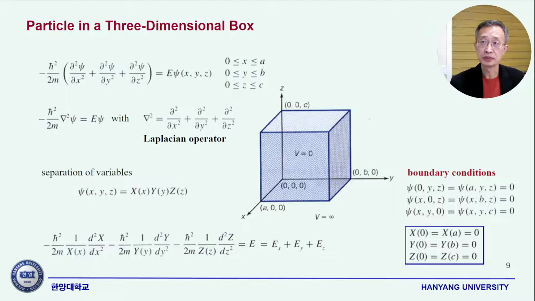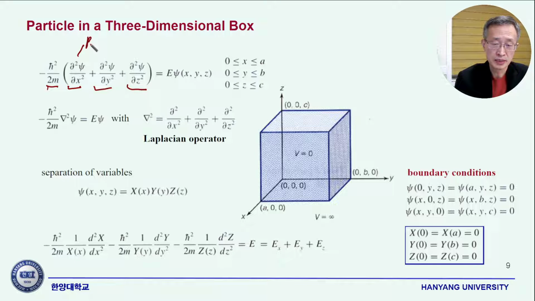That was one dimension. In reality, a particle moves in a three-dimensional box, so we need to expand to include y and z. In that case, we have minus h bar squared over 2m times the x, y, and z second derivatives, which correspond to px squared, py squared, pz squared. That equals the energy times the wave function.